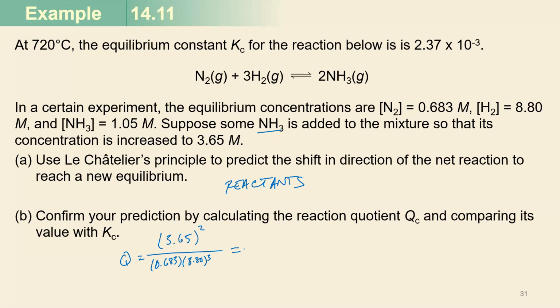We calculate Q at the instant that it has been added. And so 3.65 quantity squared divided by 0.683 divided by 8.80 cubed gives us a Q value of 0.0286.